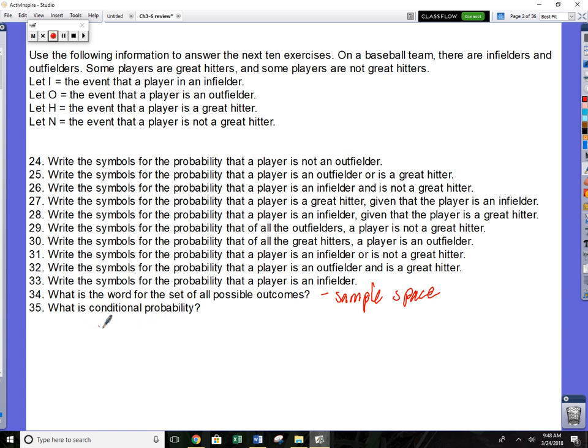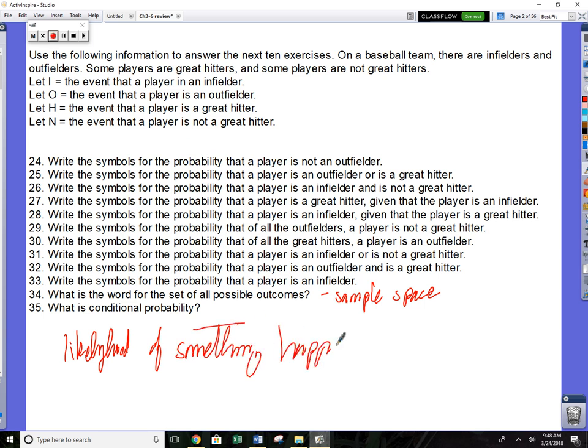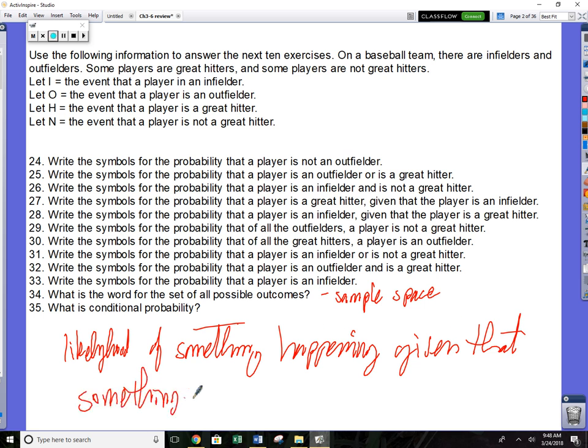35. What's conditional probability? We just did it. It is the likelihood of something happening given that something else has already happened.